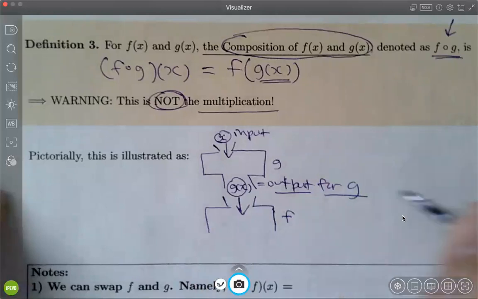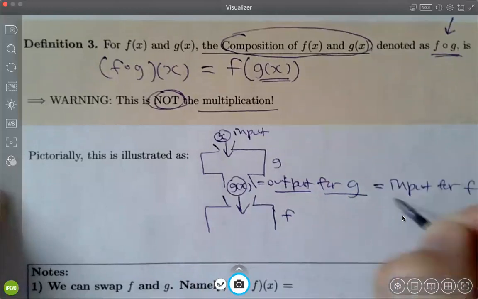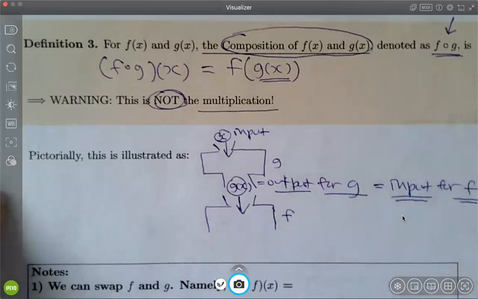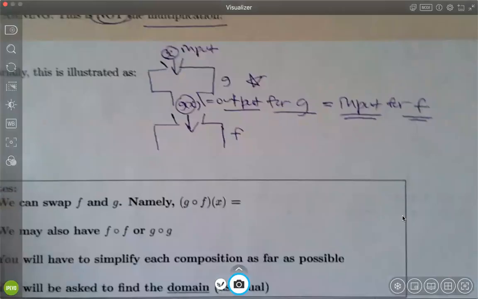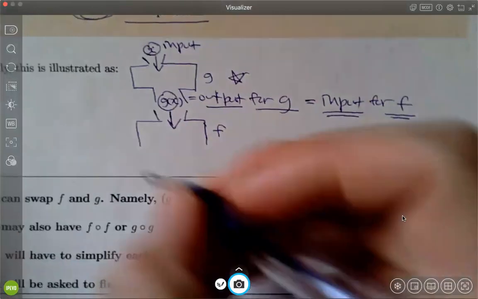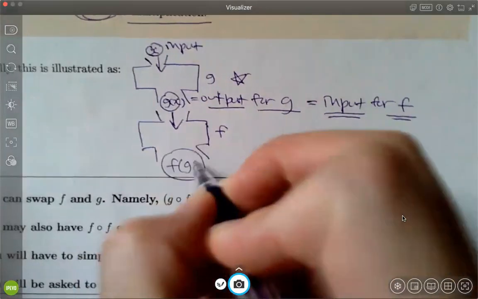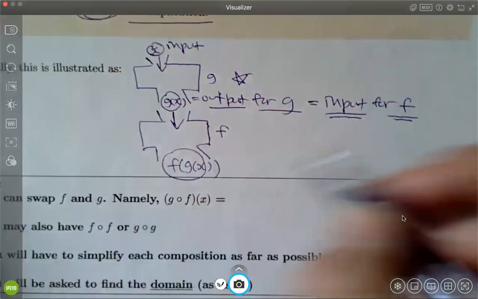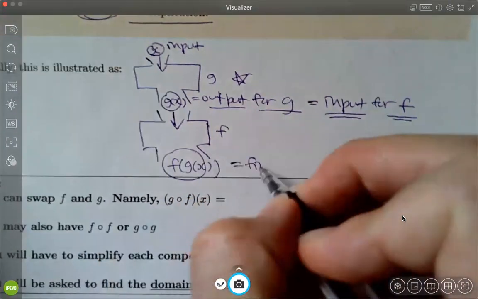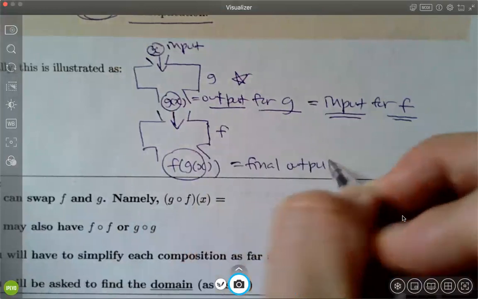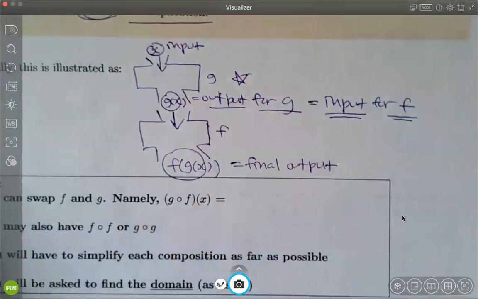So that output for g becomes input for f. And finally, at the end, there is this final output, and that's called f of g of x.